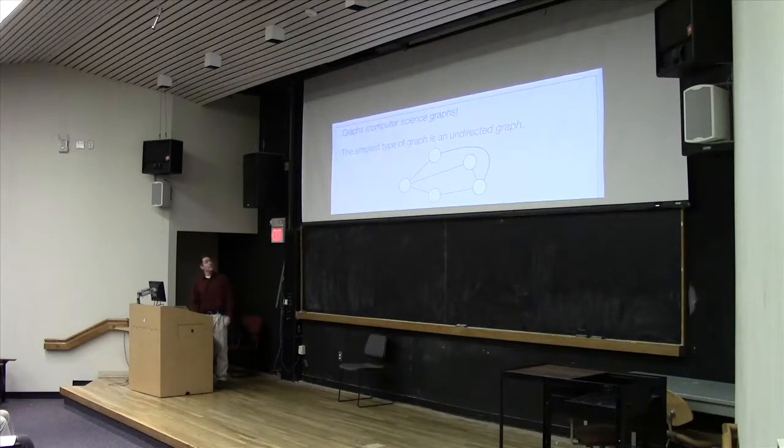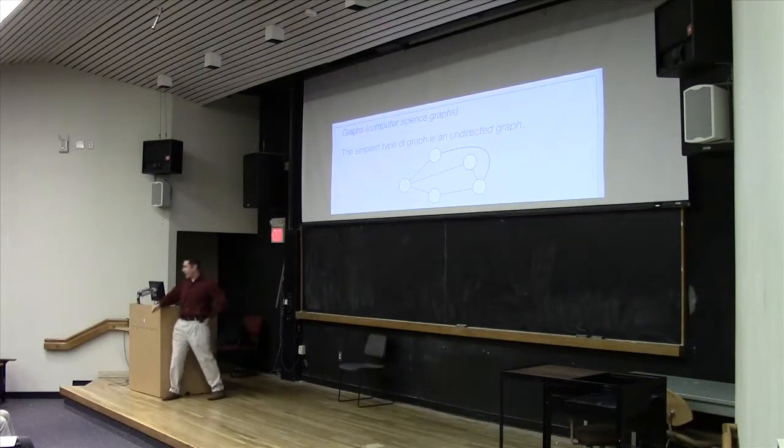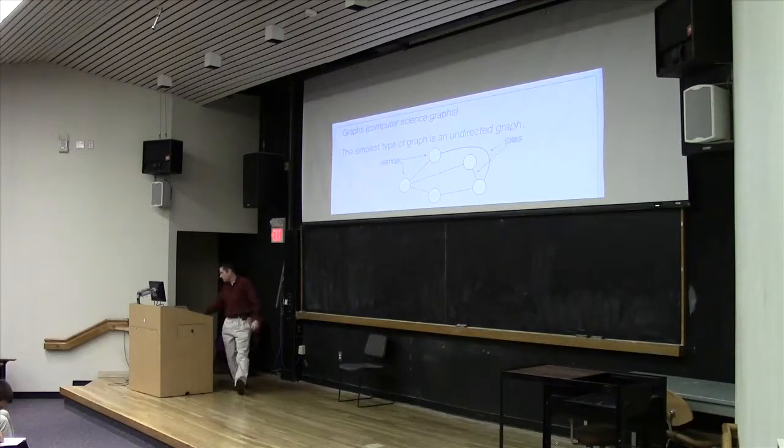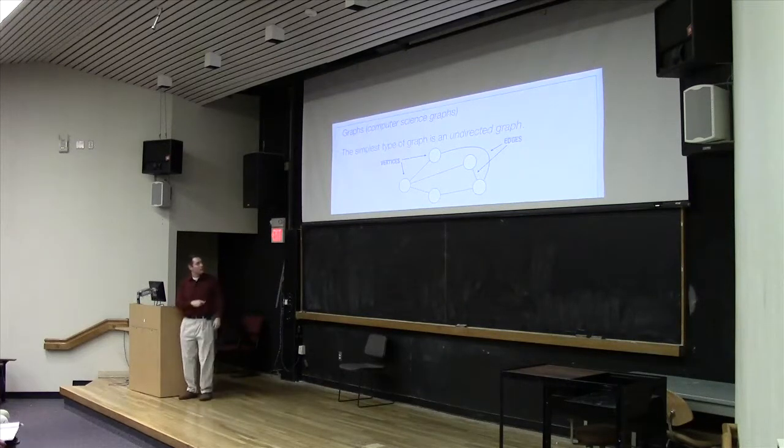The simplest type of graph is called an undirected graph. That means that all these lines here, and I'll put up what these are on the next slide. There we go. These are called vertices. Singular, it's a vertex. This is where you would store some sort of data.